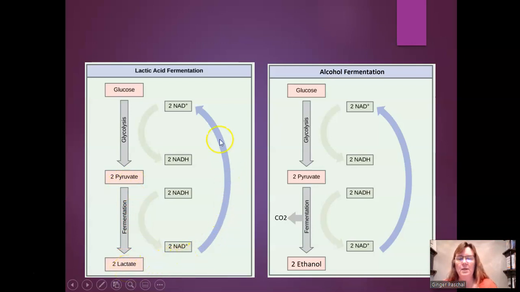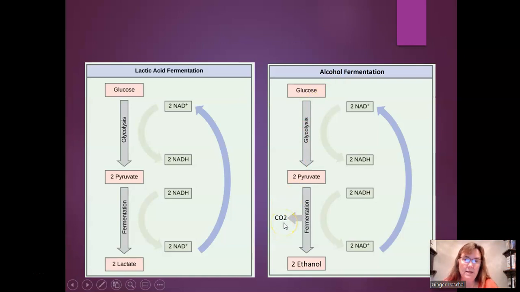And we get those NAD back so we can break another glucose. The same idea happens in alcohol fermentation. The big difference is in alcohol fermentation, we also have CO2 that's produced. If you think about beer and champagne, they're bubbly. That's because of the CO2.